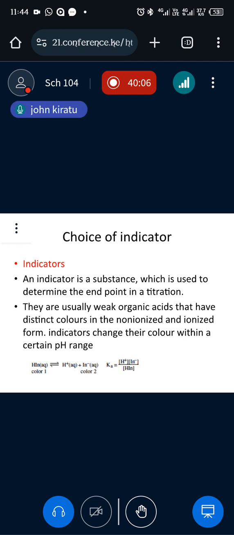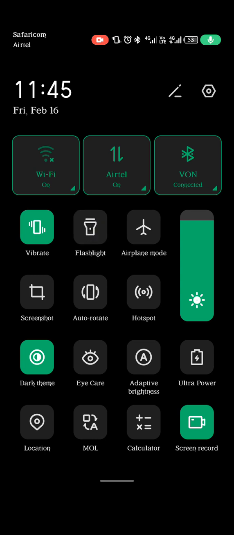Now, let's talk about how we choose an indicator. I know in high school, sometimes you are just given an experiment and the technician prescribed an indicator for you. But this time around, you will be the teachers, so you are expected to guide your students. How will you guide your students? So let's start by defining what an indicator is.